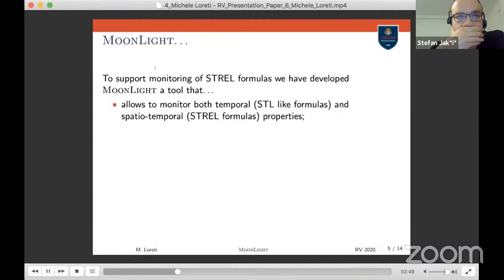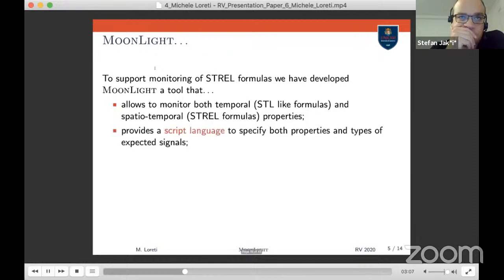Moonlight permits monitoring STREL formulas, and the tool is able to monitor just temporal properties in STL-like formulas and spatio-temporal properties.